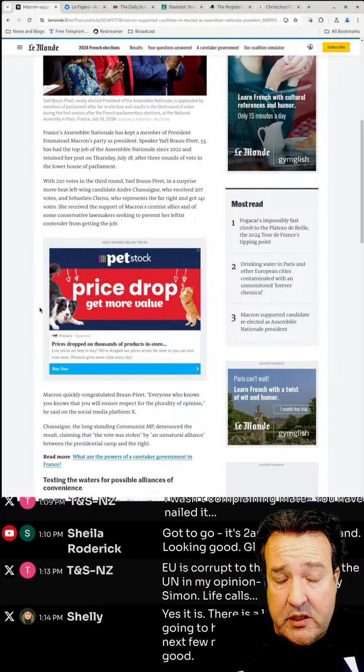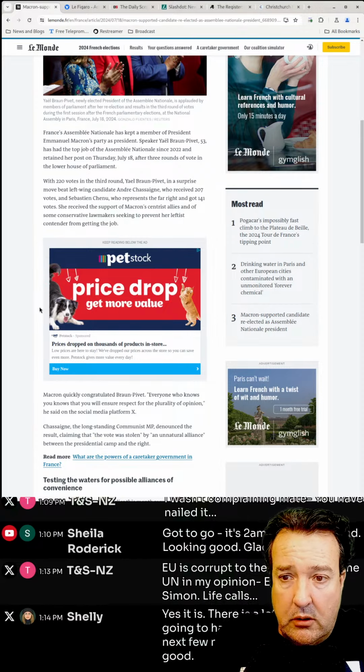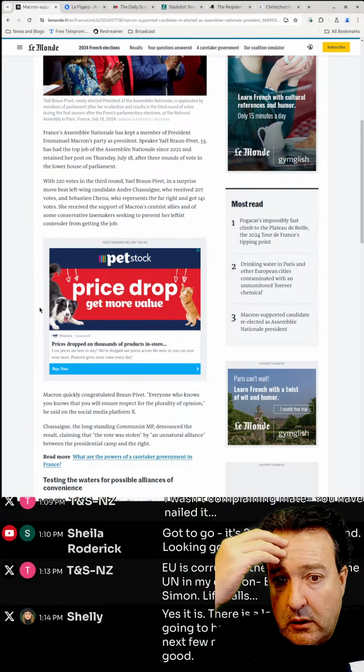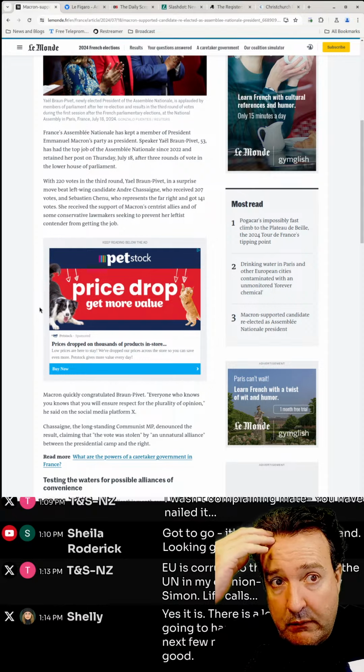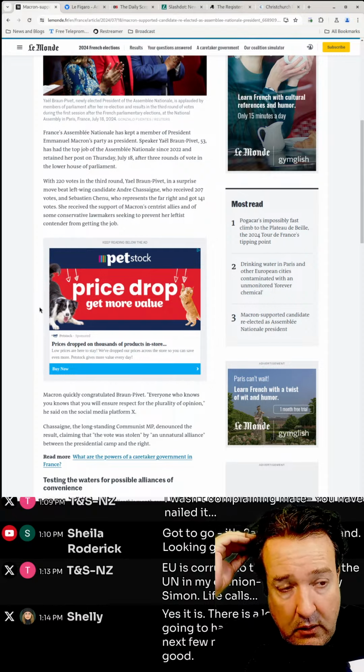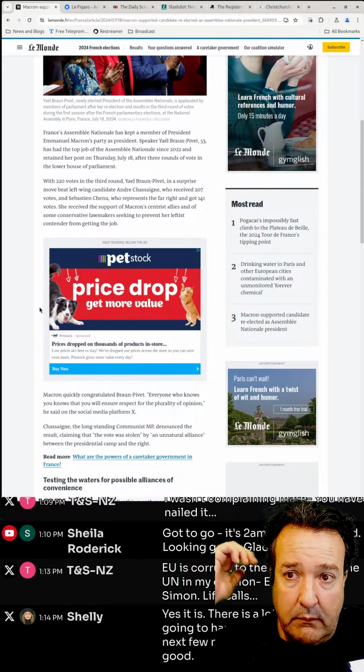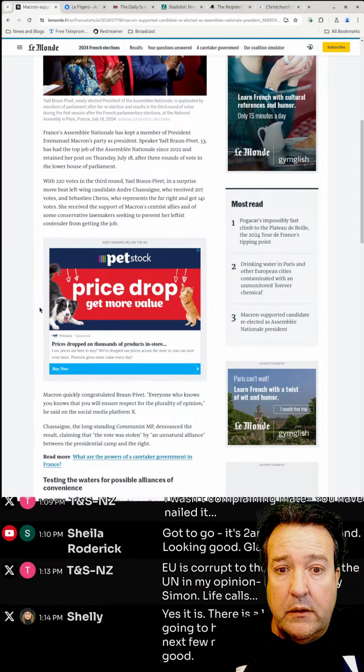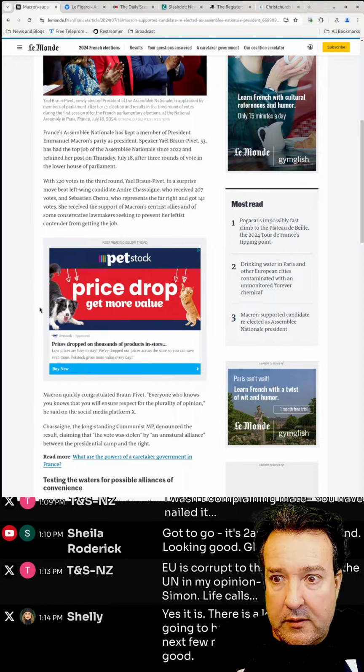And particularly LFI within the NFP coalition of far leftists. When you think the LFI are the radicals, but the rest of the Nouveau Front Populaire that people don't consider radical are the communists and the Greens.